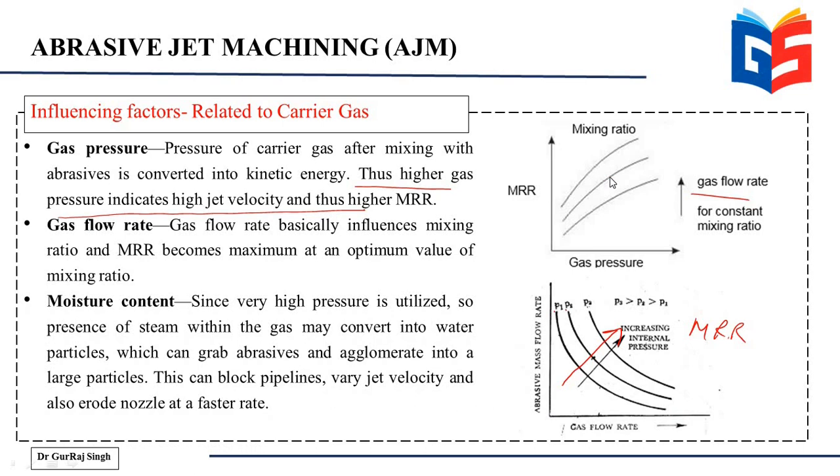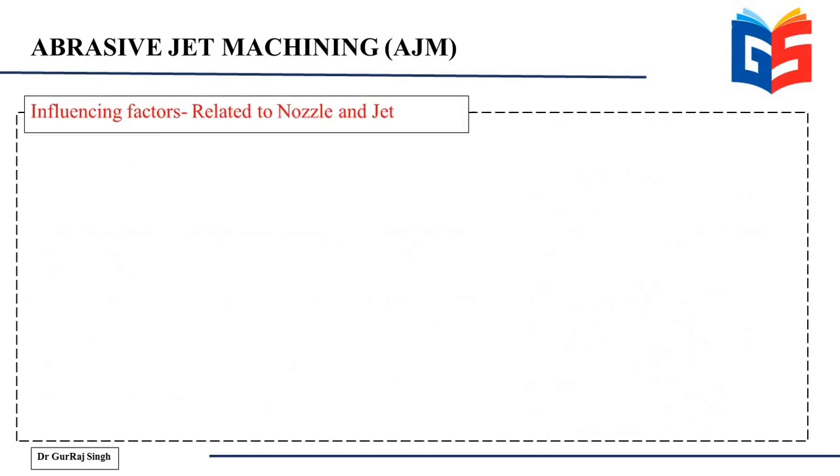Then the moisture content. Obviously the presence of moisture is going to reduce the MRR, because it is going to agglomerate the abrasive, which was discussed earlier as well, and as a result they become larger particles, and this can eventually block the pipeline, and thus the MRR comes down.